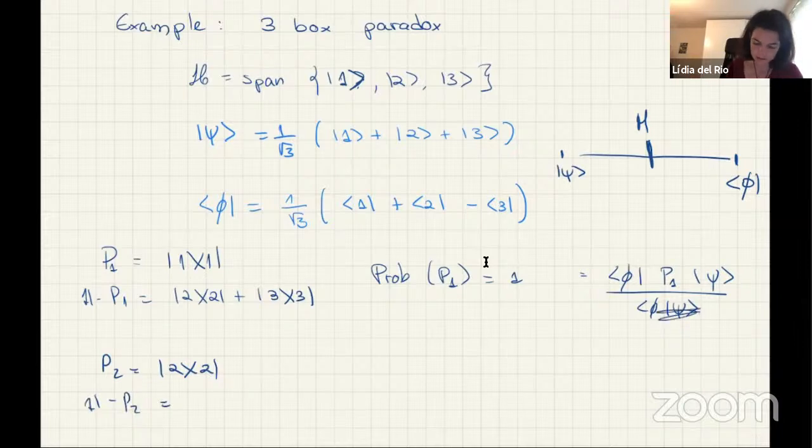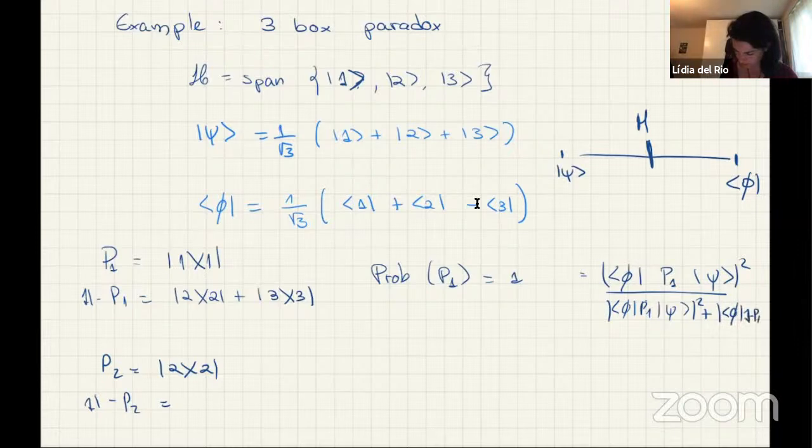Sorry. I'm missing the squares. Identity minus P1 and the other state, and this is all squared. Okay, so if you measure this one, and I recommend you do, then the probability of getting P2 is also going to be 1.